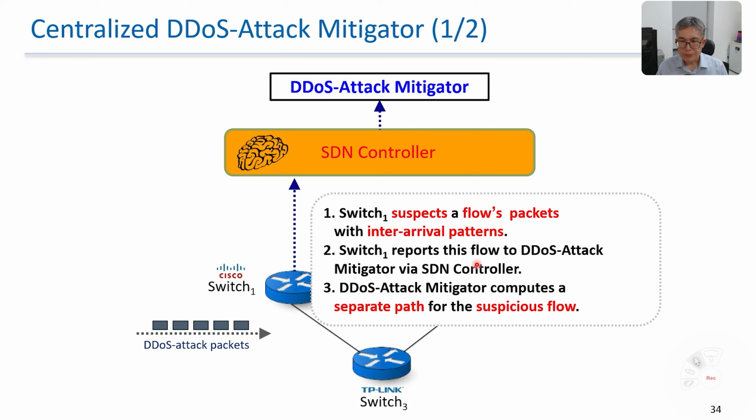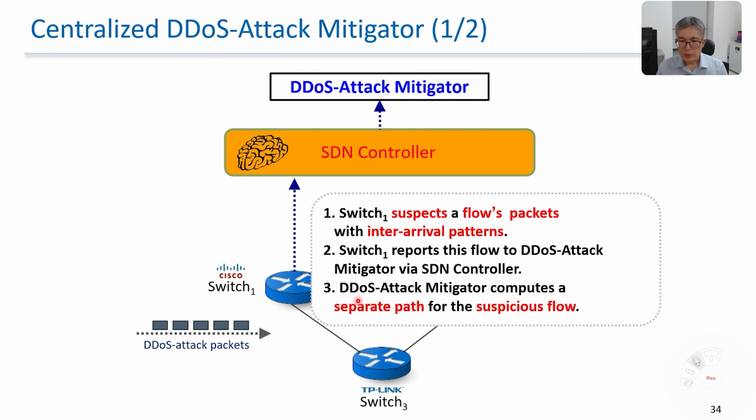Okay, and then first of all, rather than the packet itself, it just reports that this flow is over some threshold of inter-arrival time. So that report goes to the DDoS attack mitigator through the SDN controller.